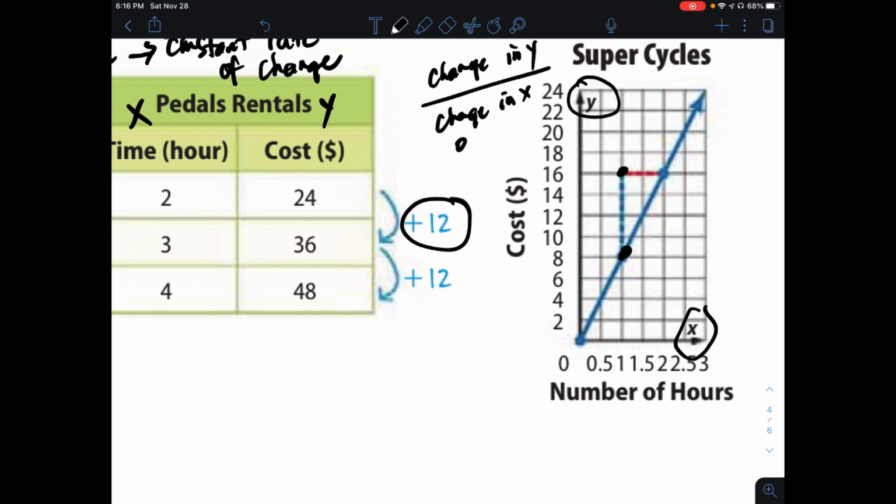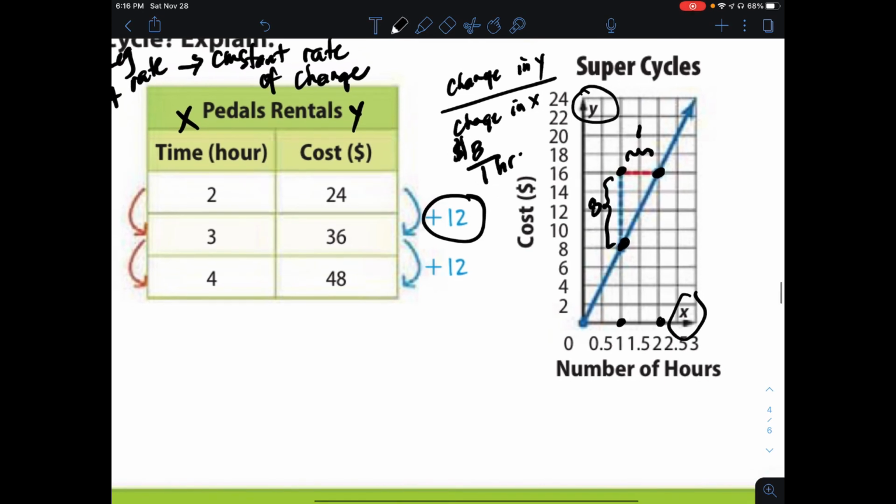So change in y will be 8, and our change in x will be from 1 to 2, which is 1. So this will be $8 per hour. Again, our denominator is equal to 1. Therefore, this is also our constant rate of change.